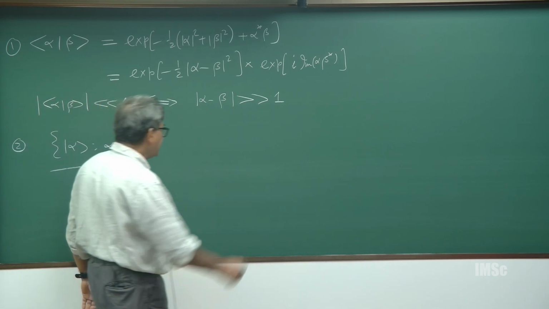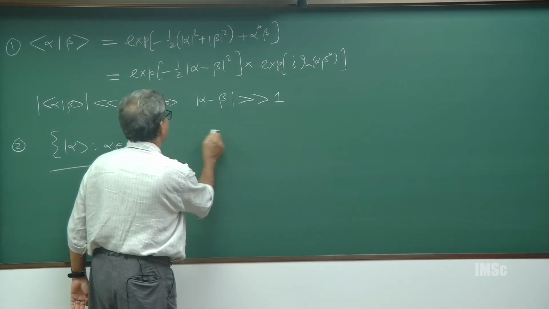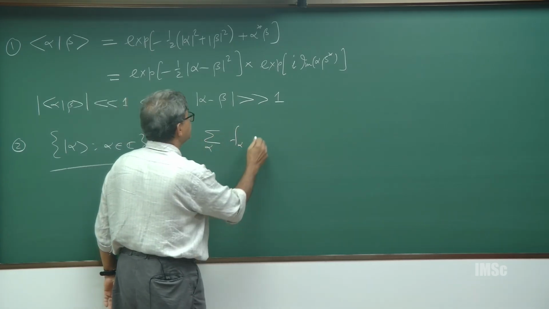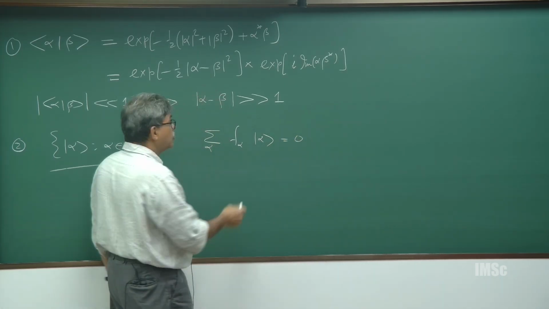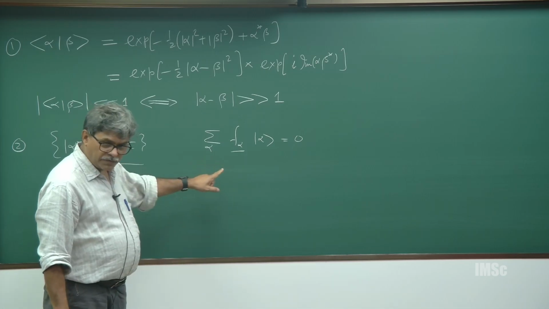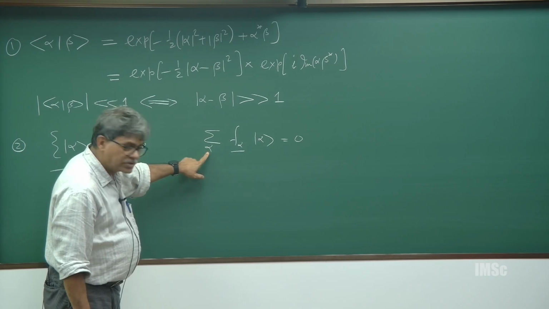So if I take the sum over some alpha of f_alpha, the coefficient, times the state |alpha>, this should be 0 for non-zero f_alpha, right? Some non-zero, not all of them 0. But how many such alphas should I consider?